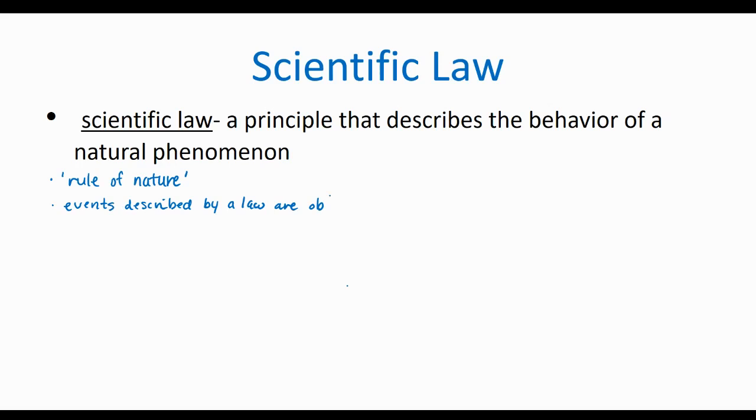Events described by a law are observed to happen the same way every time. Another way to say that is that laws are universal relationships related to the way that some aspect of the natural world behaves under certain conditions.